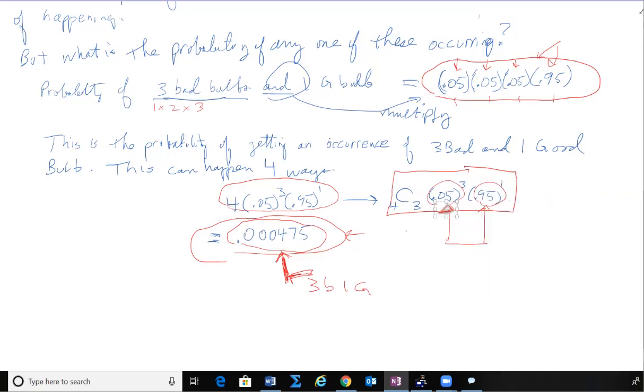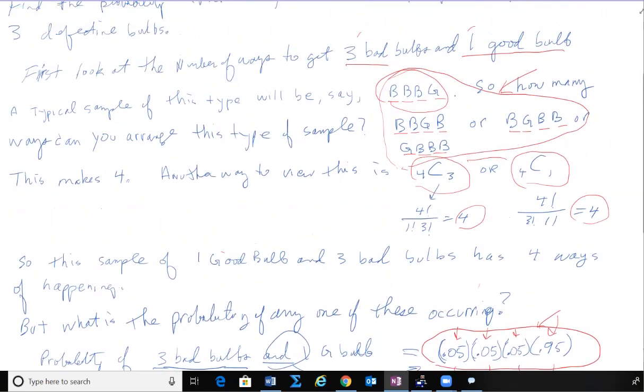Something isn't right. Maybe it's not production. Maybe it's in the packaging. Maybe it's in the store, in the warehouse. Why are there 3 bad bulbs in that selection? It doesn't seem like it should be that many. So that's a practical use for this sort of thing.